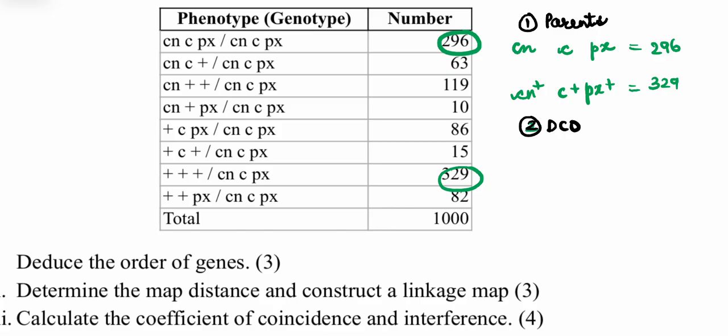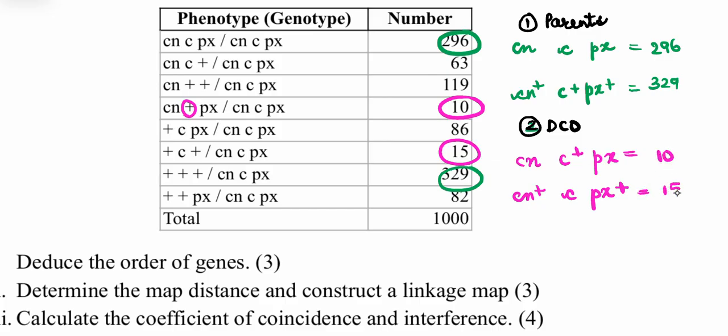So those will be the double crossovers and they would be very less in number. So this 10 and 15 would definitely be the double crossovers and they will be represented like CN, C plus, PX, C. Don't get confused, this means C plus, the wild form of C. And then I have CN plus, C and PX plus. Now their numbers are 10 and 15.